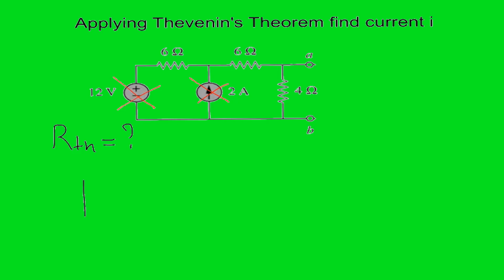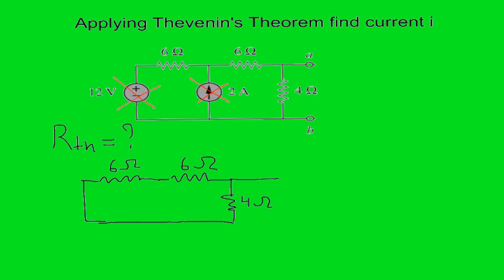So we have a 6 ohm resistor. Looking at the 2 amp power source, if we switch it off, we create an open circuit, so we're not going to put any wire here. Continue with the next 6 ohm resistor, and we also have 4 ohms.